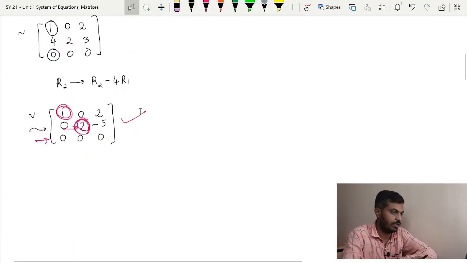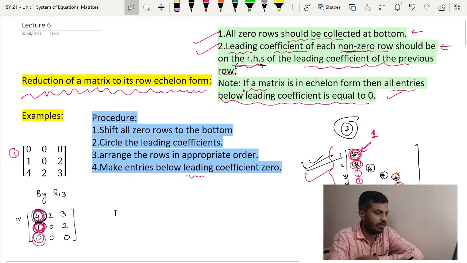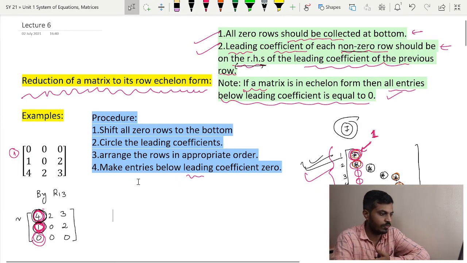Now let us move towards the next example. Whatever procedure I have told you, how many steps are there in that procedure? 4 steps. Where is that? Yeah, these 4 steps I am talking about. We have already checked the first 3 steps, so the final step is left.